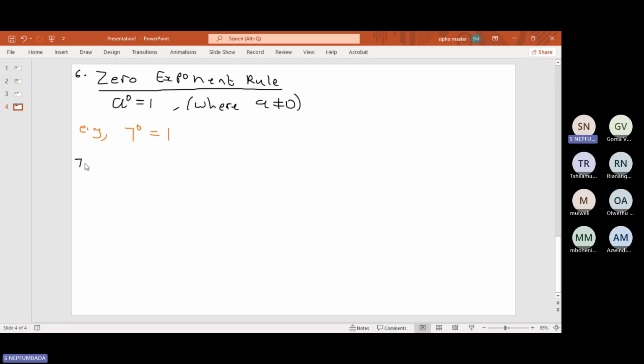Number 7, let's say we have the negative exponent rule.